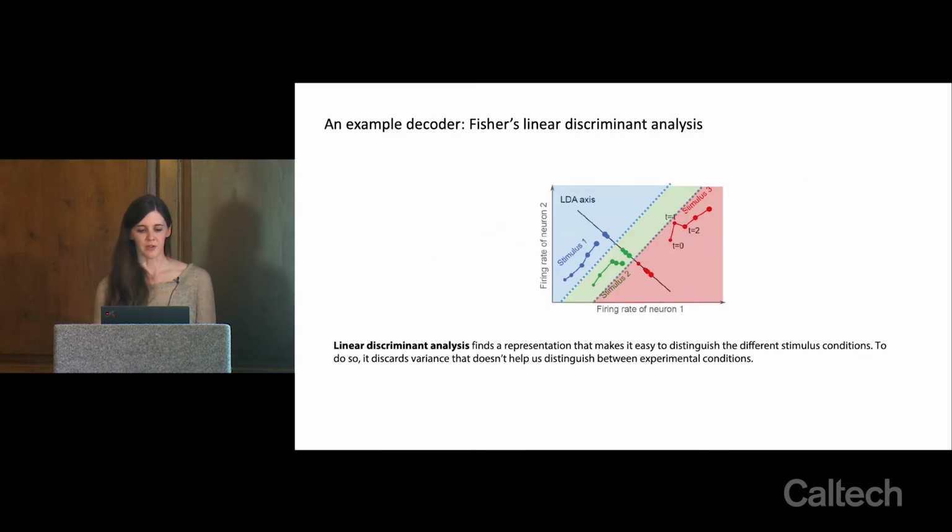And when you find your dimension to project your neural activity onto, you're doing it in such a way that you can maximally distinguish these different stimuli. An example that I'll go through is Fisher's linear discriminant analysis in a little bit of depth, but there's lots of different ways to fit classifiers that will give you different rules for drawing this line.